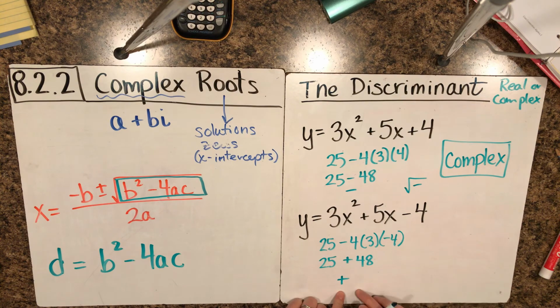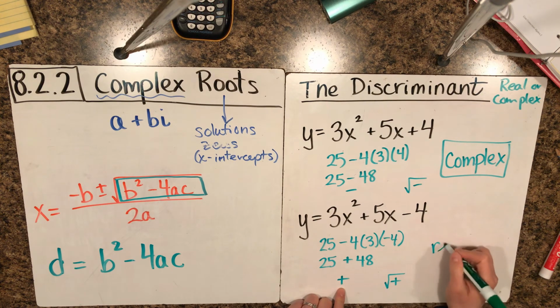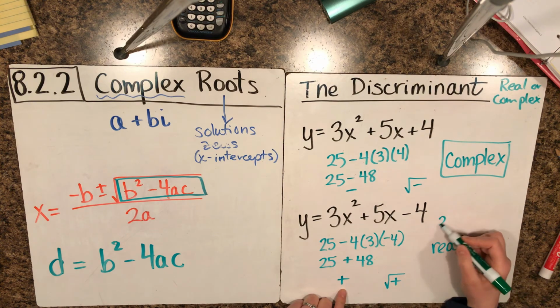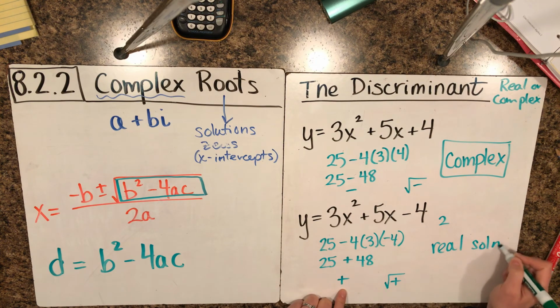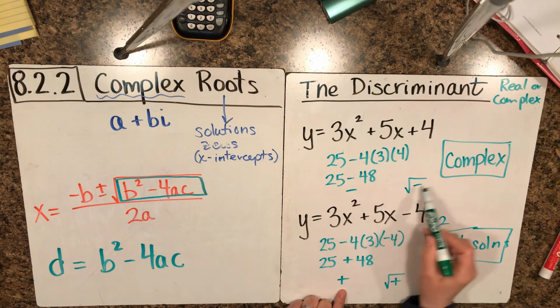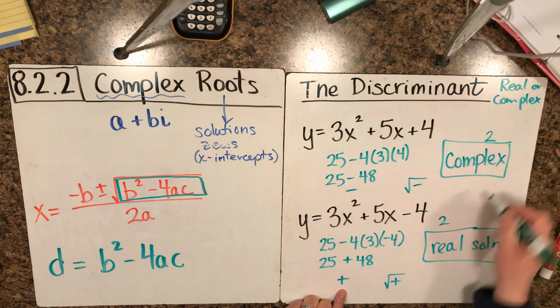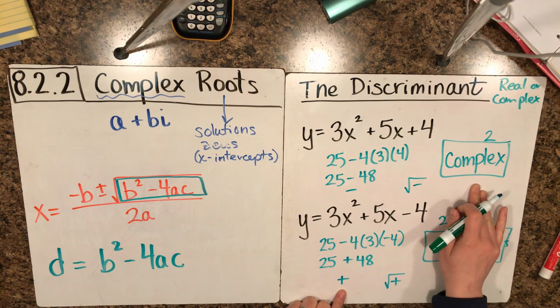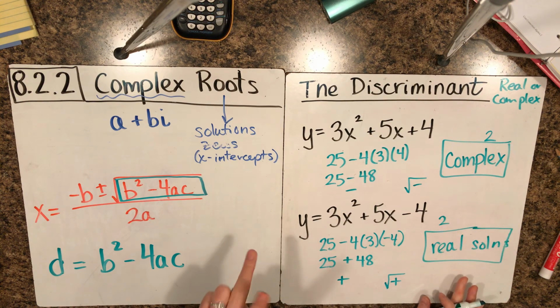And again, thinking about the discriminant, if there's a positive inside the square root, that is going to give me technically 2 real solutions. Okay, whoops. The previous one is going to have 2 complex solutions. Complex solutions or imaginary solutions always, always, always come in pairs.